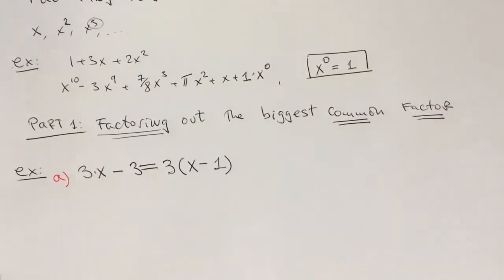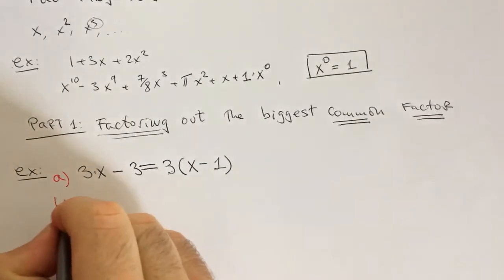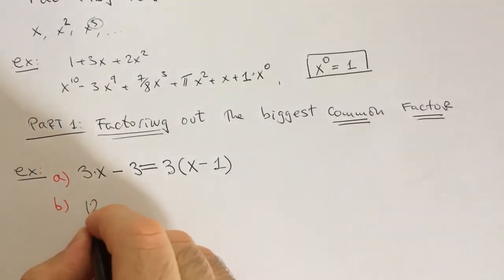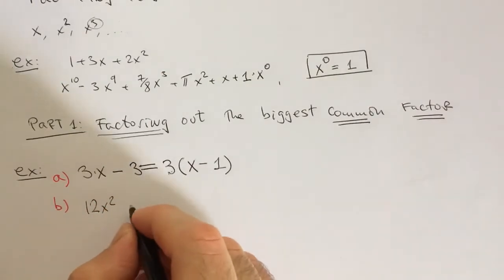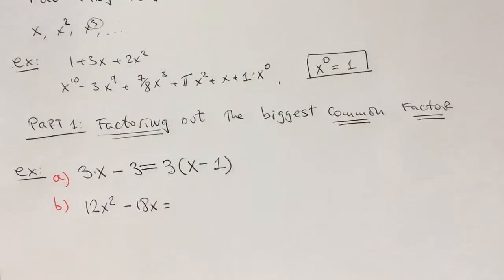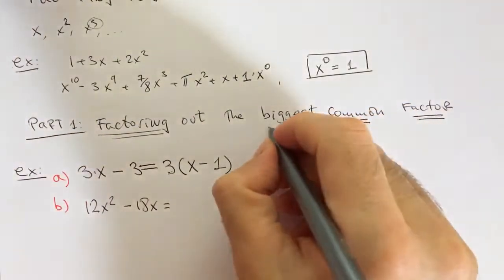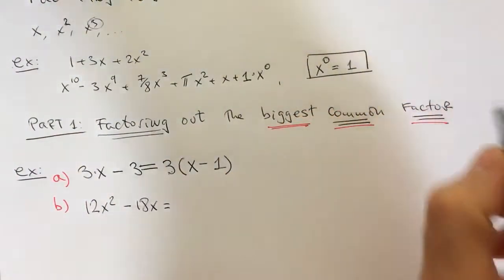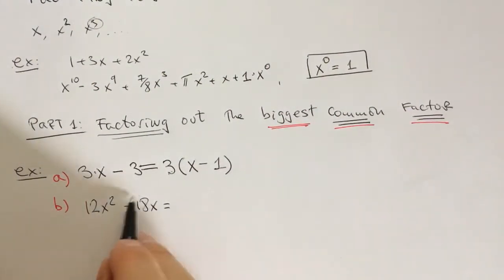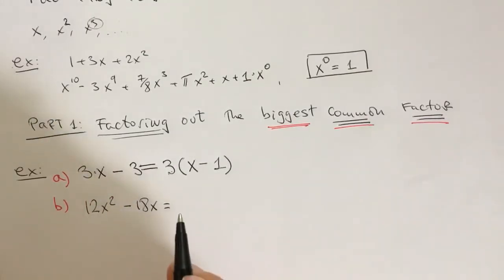Let's do something slightly more difficult. So we have 12x squared minus 18x. Again, I'm looking for the biggest common factor. First let's see whether there are some common constants. Yes, that's 12 and 18. Both of these are divisible by 2, so 2 is a common factor.